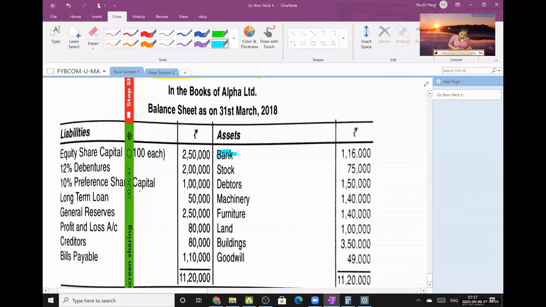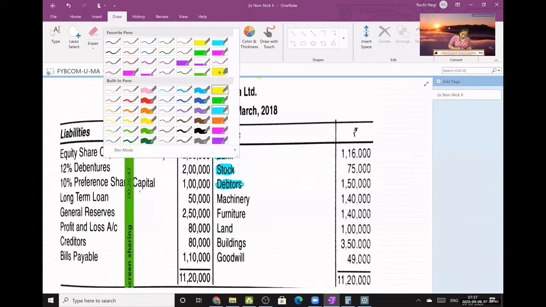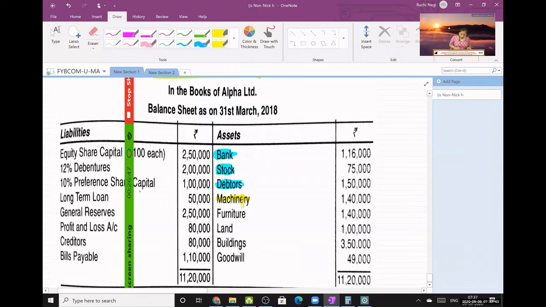Obviously, yes, yes. Okay, current assets. Stock, current assets. Yes. Debtors, current assets. Yes. Machinery, fixed asset. Furniture, obviously fixed assets. Land, fixed assets. Buildings, fixed assets. Goodwill, fixed assets.